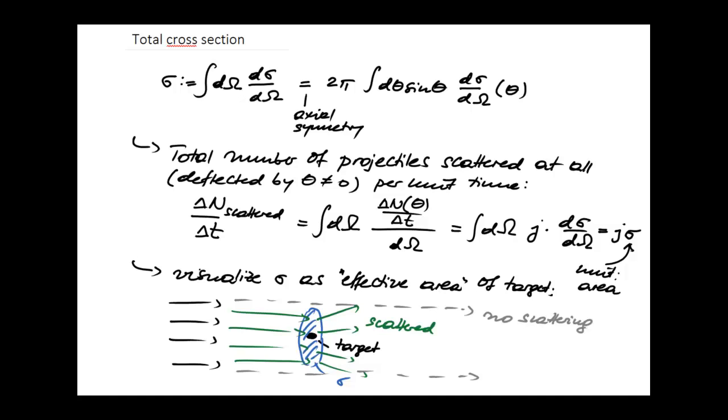Now, from this very simple qualitative picture, you can see that if the potential has a finite range, then you would expect that the total cross-section is also finite, because then any projectiles that hit or that pass the target outside this finite range, they are not scattered at all. Only projectiles that hit the target within this finite range are scattered at all.